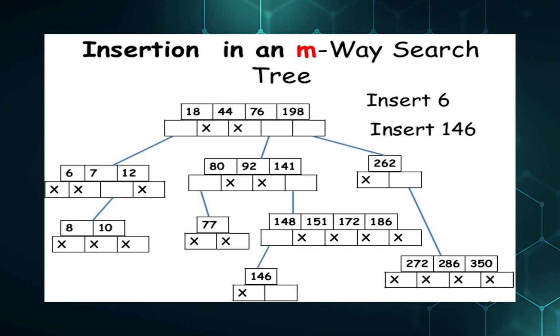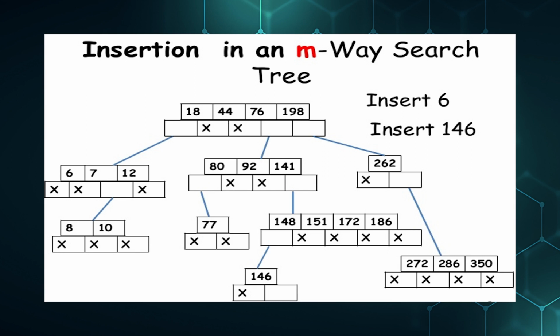That does not satisfy the property of the in-order traversal sequence. So we can't insert 146 as a right neighbor of 141. Space is okay, but the in-order sequence is not fulfilled when inserting the new item 146 as a neighbor of 141. So we can't insert 146 in this place.